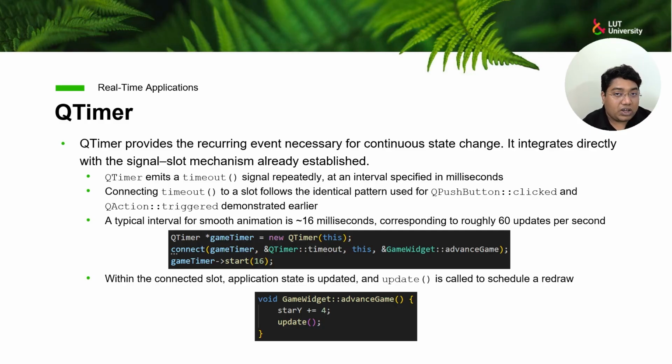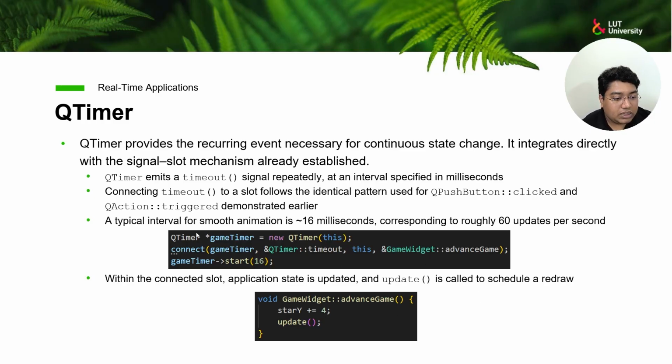Maybe we move an object, maybe we update the score, or maybe we advance an animation, stuff like that. Once that's finished, we'll ask Qt to redraw the window. The application then waits for the next timer event. This cycle repeats over and over again.